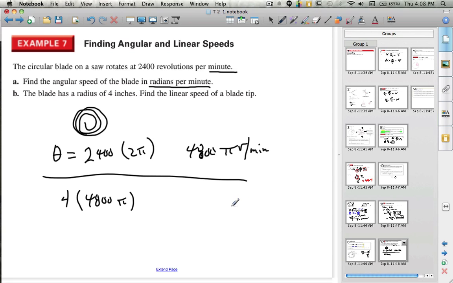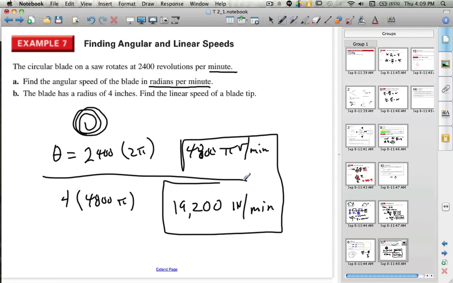So this is going to come out in inches per minute. 4 times 48, we'll have 0, 0, 32, 19,200 inches per minute. Okay, so in these we're pretty much just plugging into formulas and calculating out values.